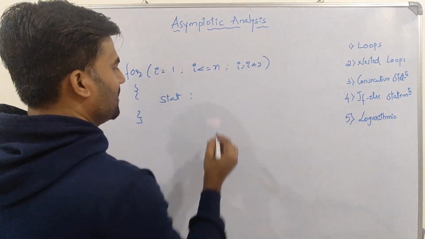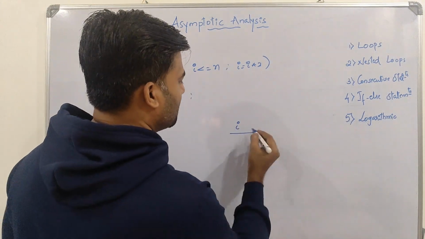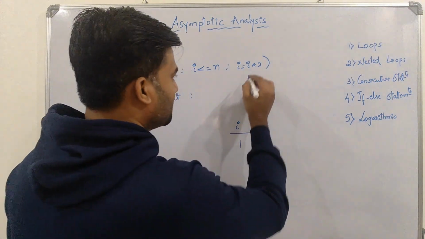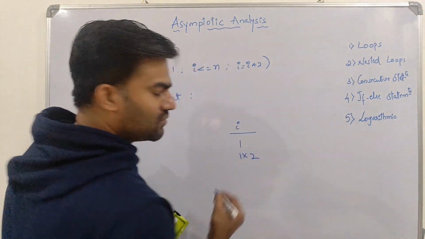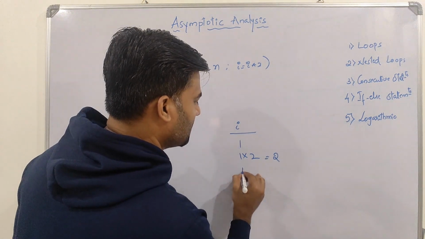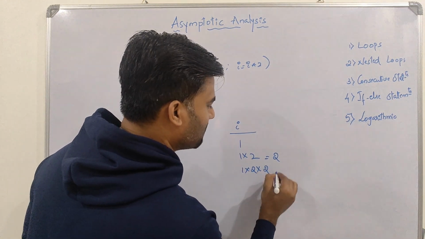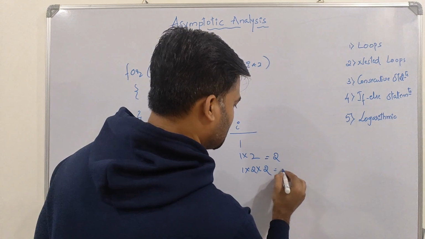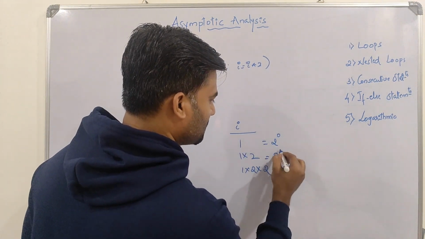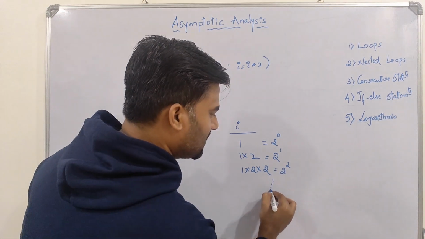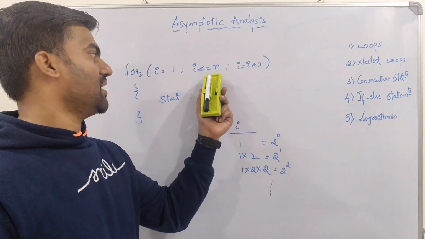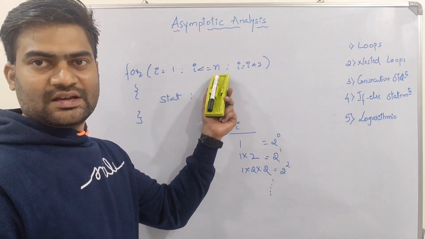So how to analyze this one? Let us see. We will take the i value. Initially i was 1. Next it gets multiplied by 2, so it becomes 2. In the next iteration, it will be multiplied by one more 2, so we can write it as 2 square. So we can simply write this as 2 raised to 0, 2 raised to 1, and this continues until i becomes equal to n.